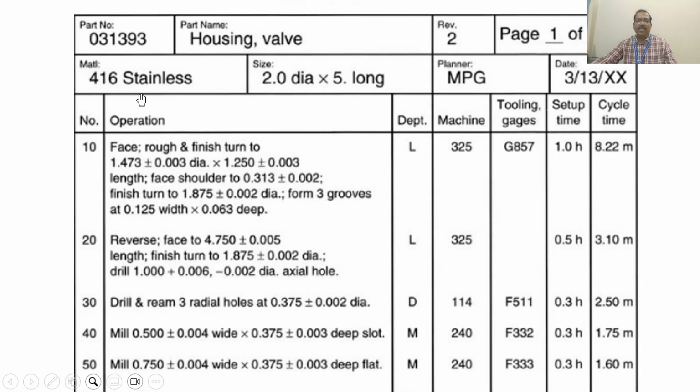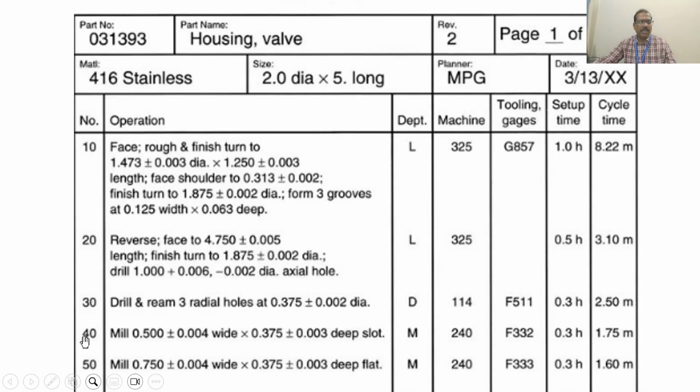The material is stainless steel with the code 416. Then the sequence of operations is given, like 10, 20, 30, 40. It depends on the company; sometimes they use 1, 2, 3, or sometimes 100, 200, 300, 400. If there are subclasses, they may go 100, 110, 120.